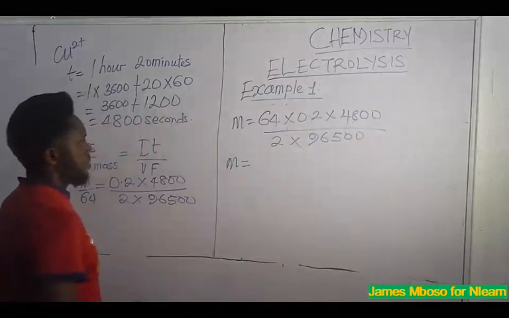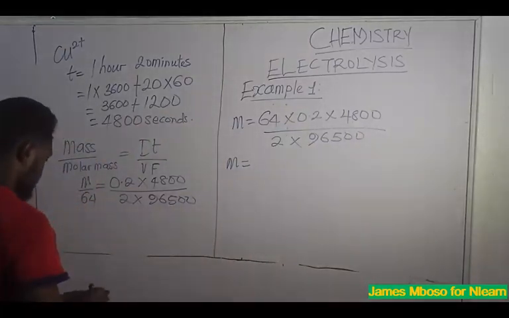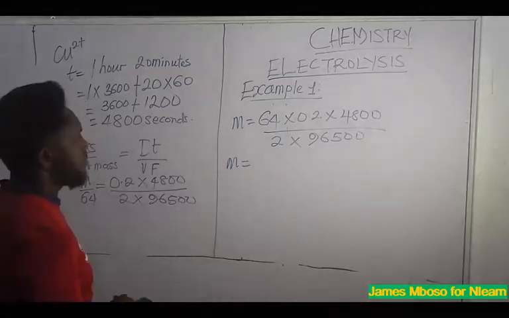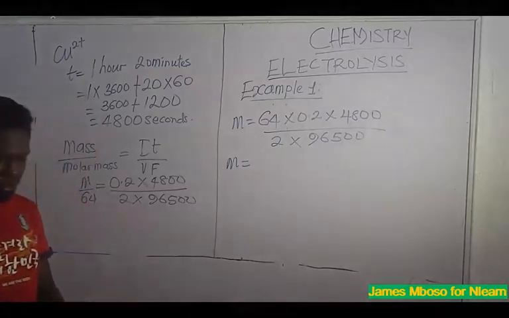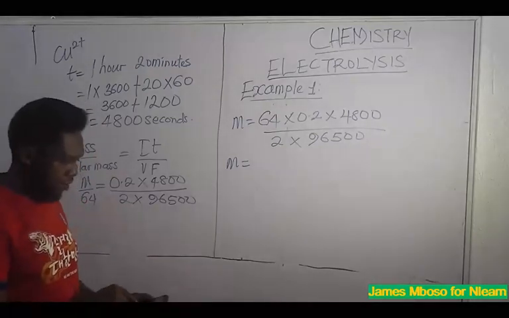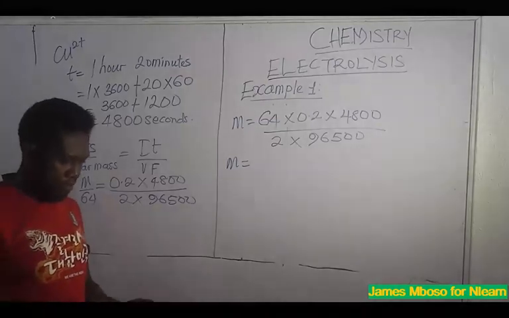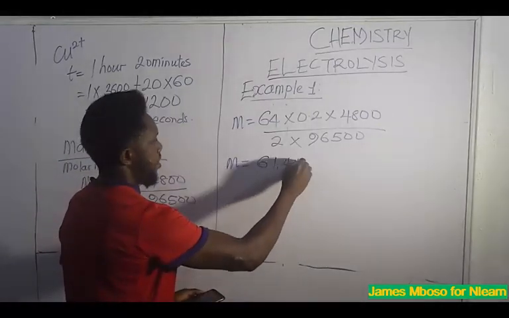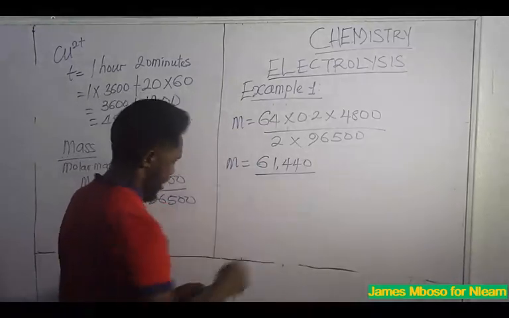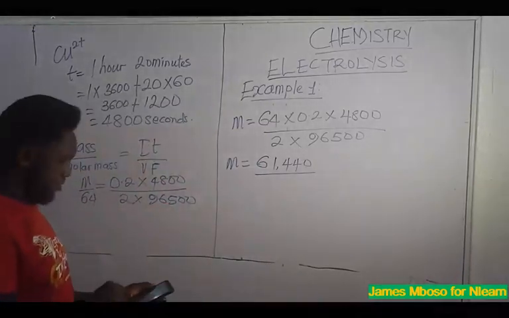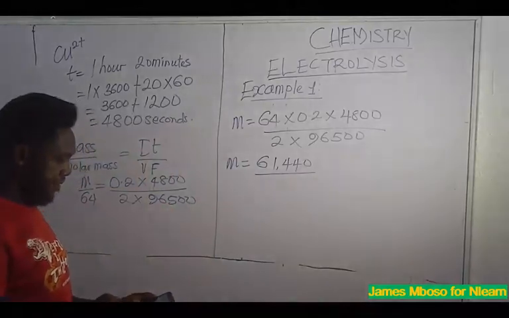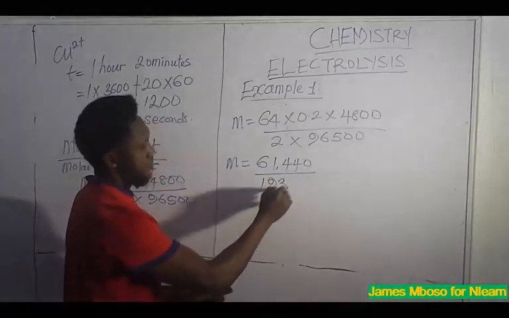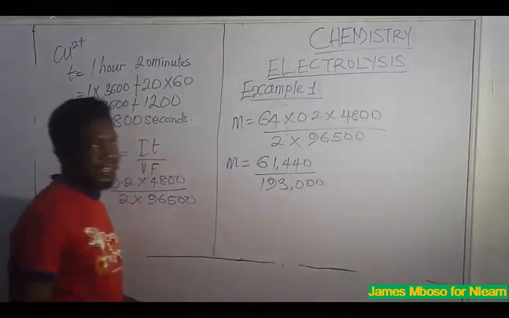Our M equals 64 times 0.2 times 4800, we have 61440, all over 2 times 96500, we have 193000. Be careful at this point.